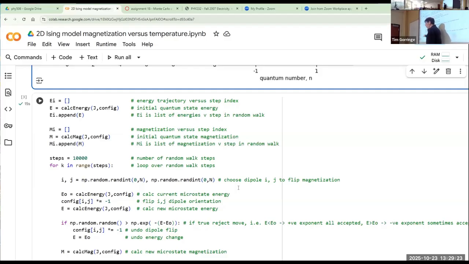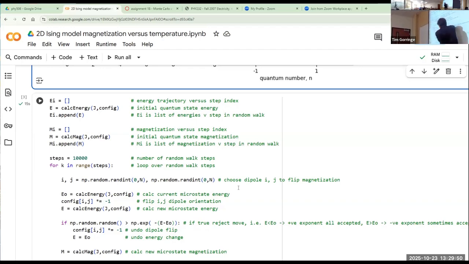To flip the dipole, I just go to that one element of the configuration array that tells me how all the dipoles are pointing. If it was +1, I'm going to make it -1. If it was -1, I'm going to make it +1. So I just need to multiply by -1 to flip the dipole. So I flip the dipole here, and then I recalculate the energy. I calculate the new energy based on this slightly modified configuration.